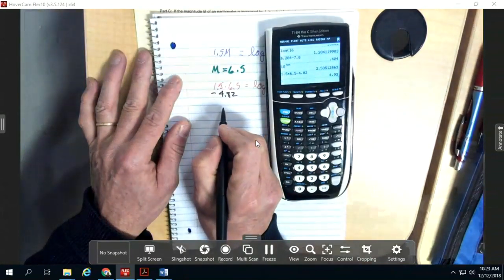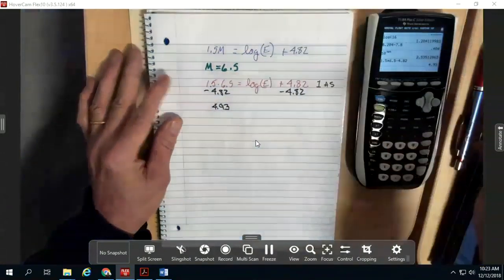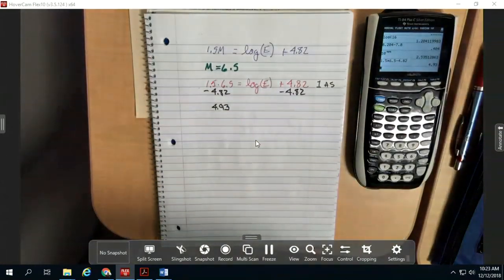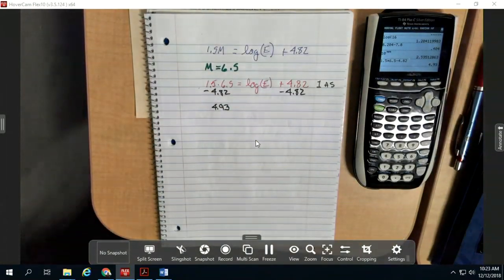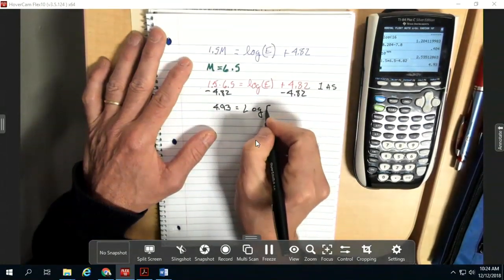I'm going to get 4.93, which is the log of E.